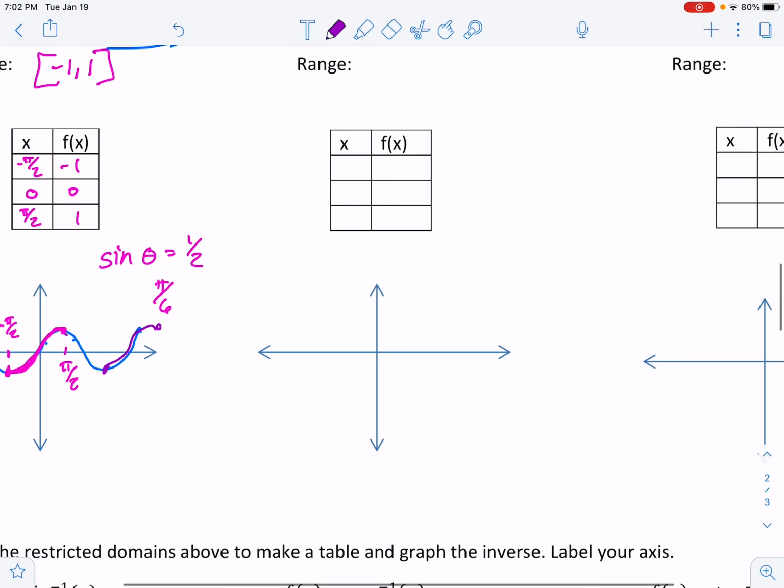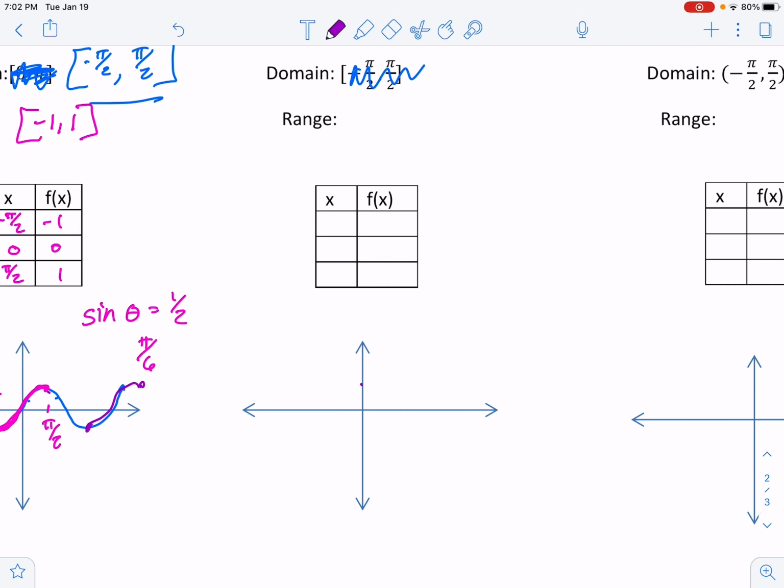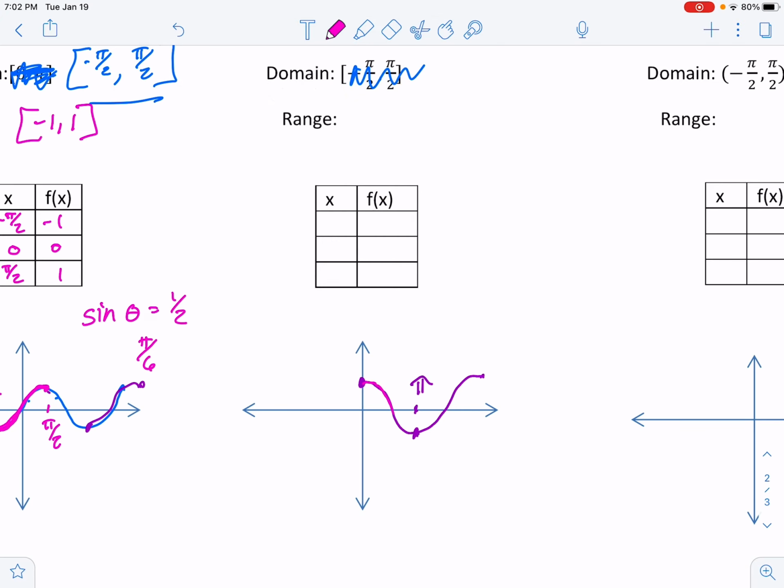Okay? The cosine, on the flip side, the cosine graph starts at the top, it goes down and comes back up. Right? So if I go from 0 to pi, I now have positive values and negative values, but they only happen once. So when I make my t-chart, I have 0, I have pi over 2 and pi.